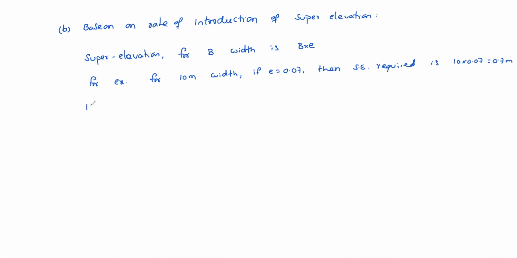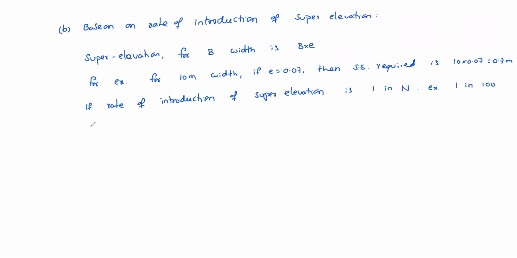If the rate of introduction of super elevation is suppose 1 in n, for example 1 in 100. Suppose it is 1 in 100.